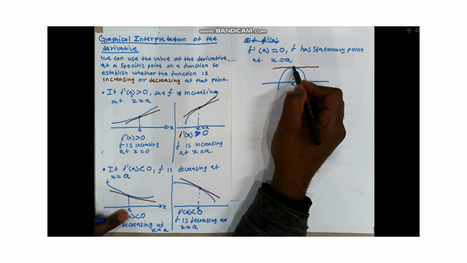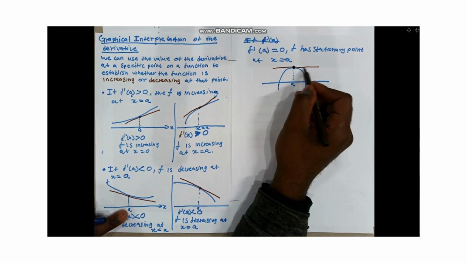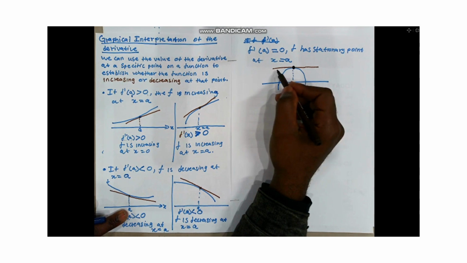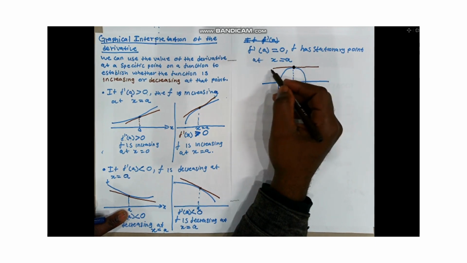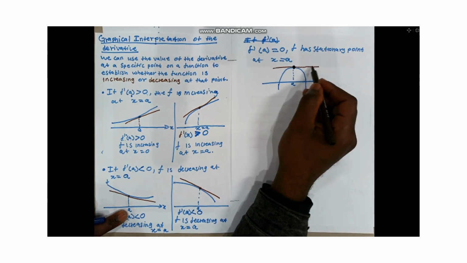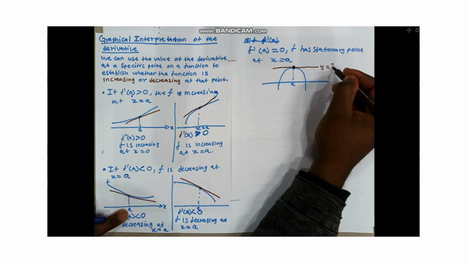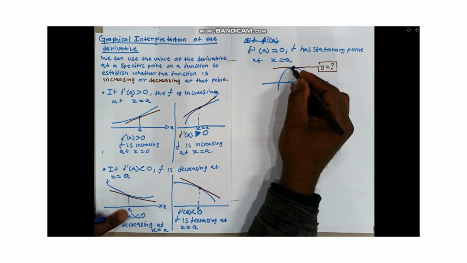I hope you know the equation of a horizontal line: the gradient is 0, and it's y is equal to that specific number that you have. So the gradient here is equal to 0, which is a stationary point.